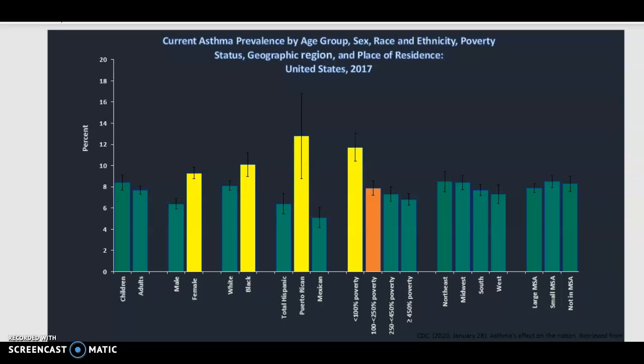And this was in the year 2017. So there is a higher prevalence rate in African Americans, inner city dwellers, and premature or low birth weight children compared to others. Asthma is the most common chronic disease of children. So if you want to pause and just take a look at the graph, feel free to.